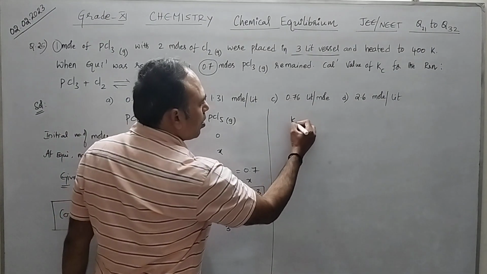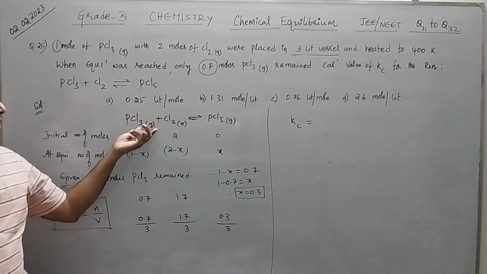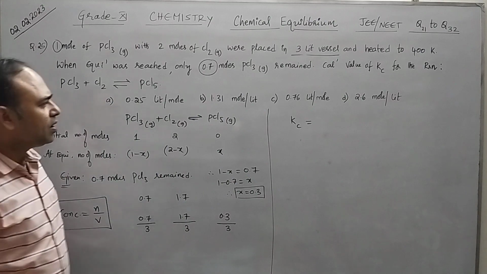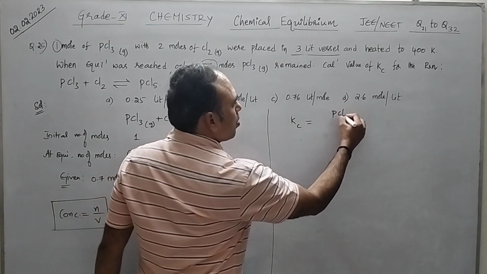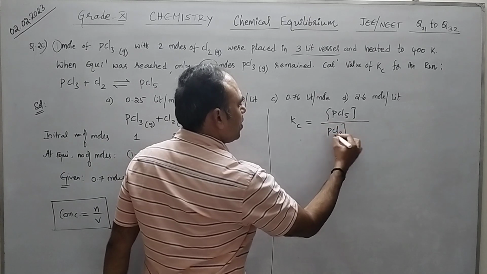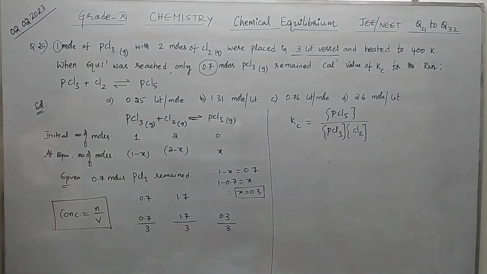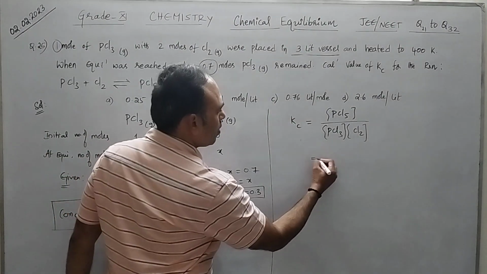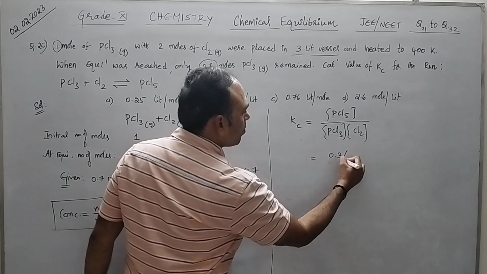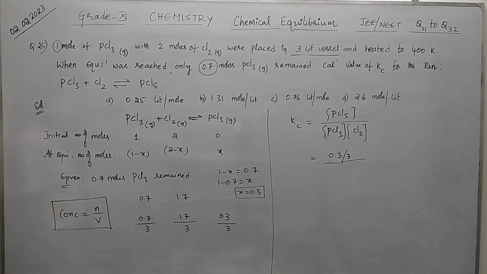Now, how do we calculate Kc? The concentration of products by the concentration of reactants, nothing but PCl5 concentration by PCl3 concentration into Cl2. So we already know the formula. Now substitute, what is PCl5? 0.3 by 3 divided by, see, you need to write the unit also.